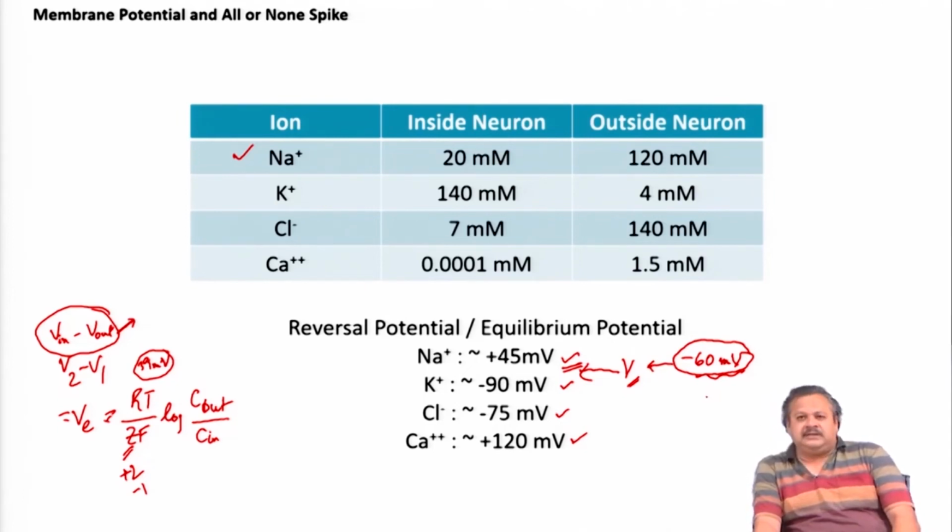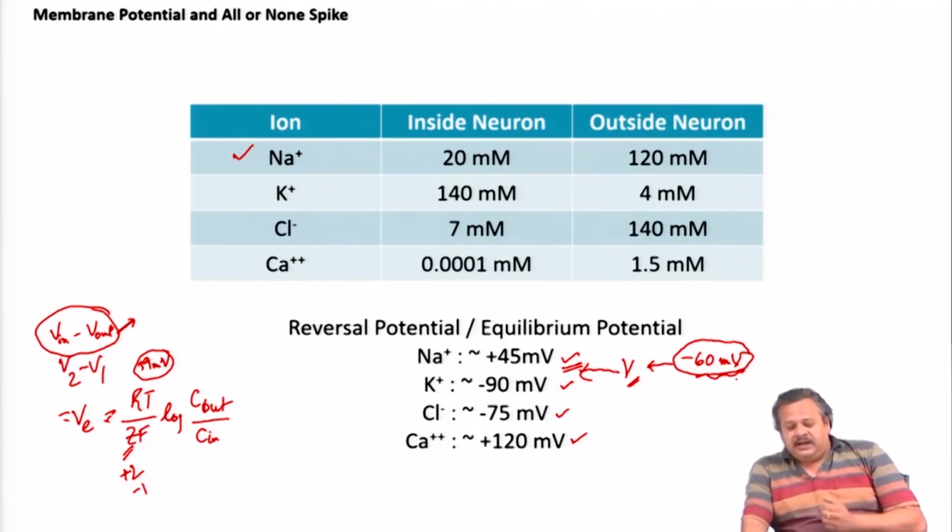But we are saying that it is at rest. So, therein comes a contradiction. That is, there is no sodium flowing at that time, or at least it is at rest in the sense that the net ion flow across the membrane is 0.